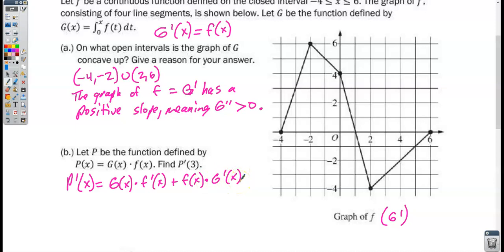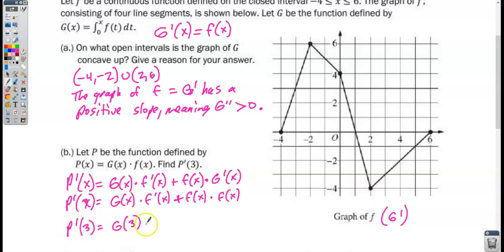And then we can utilize the fact that G prime is equal to f, and this is really G of x times f prime of x plus f of x times f of x. Okay, so we want to find P prime of 3. So we're just going to go ahead and substitute 3 in here everywhere where there's an x.